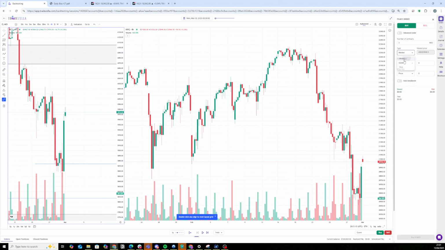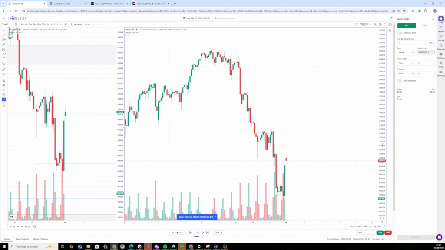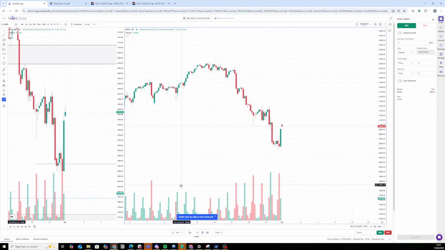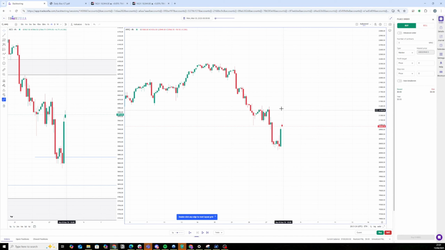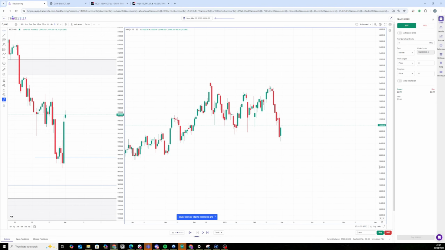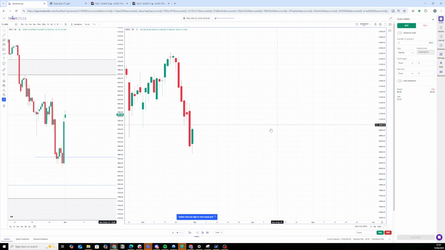But I use NQ to actually execute on because I find it to be a lot cleaner. Go ahead and adjust all your chart colors to whatever your preference is. Let's check the NQ chart on the higher time frame as well.